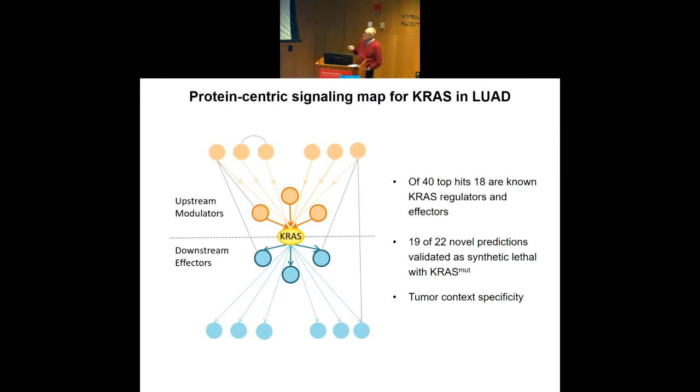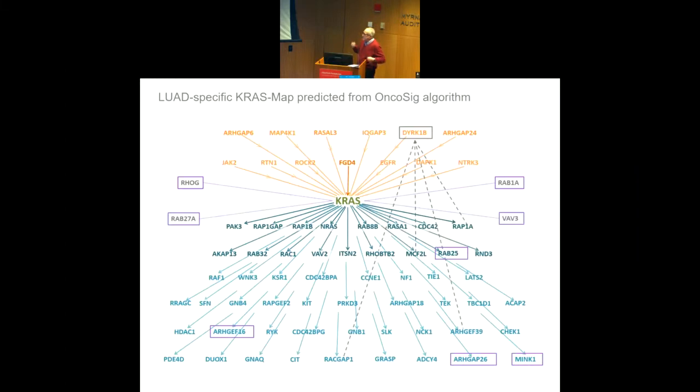Now, this is a blow-up. The last slide didn't provide any information. This is a blow-up of what we'd call an OncoSig network. And what I want to point to here, if I can find it, is this upstream modulator of KRAS, and then KRAS makes a direct physical interaction with this protein, NCF2L.